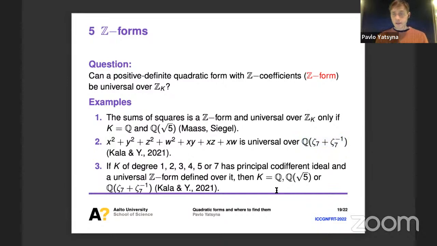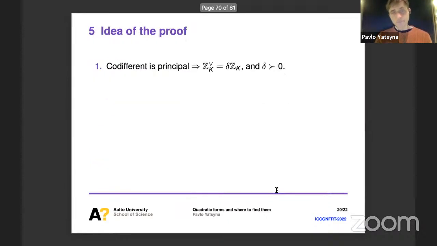Let me just give you glimpses of the ideas we used here. Again, as in the previous theorem, we use the condition that if you have a codifferent which is principal, then we can represent it as some delta times our ring of integers. And due to the condition on the Z-form, we get again that we have units of every signature.